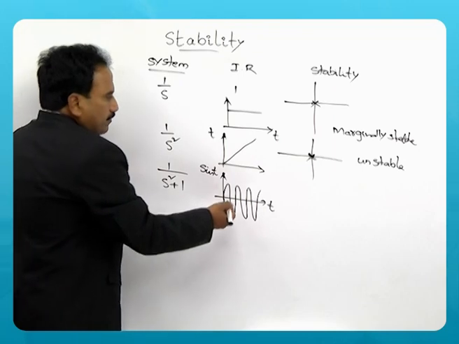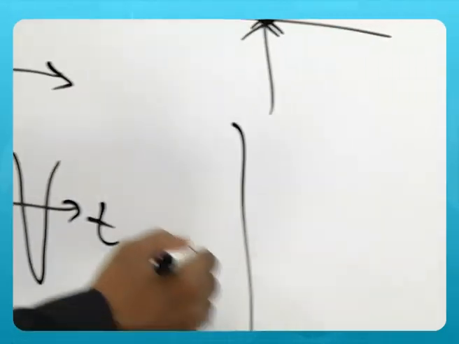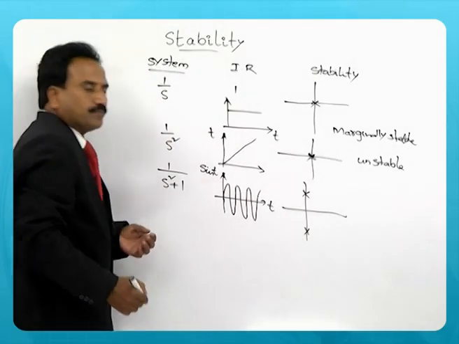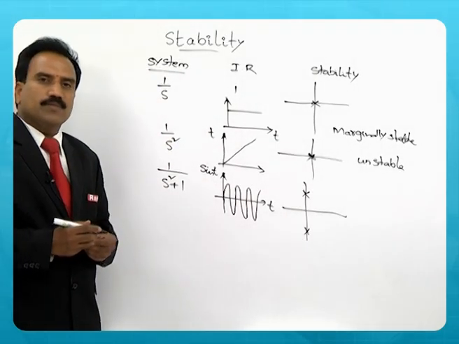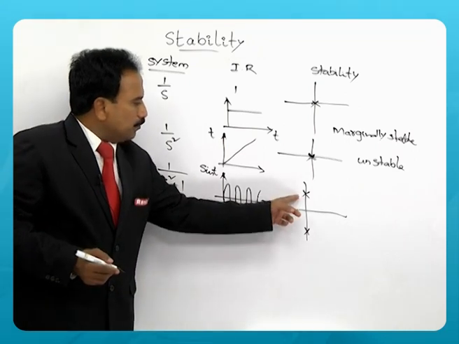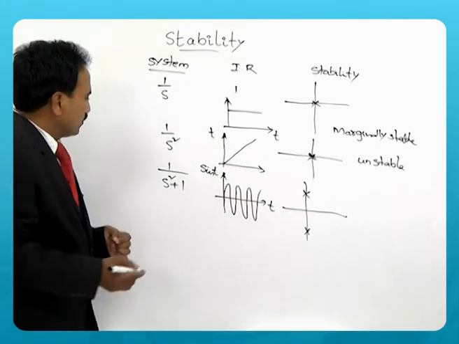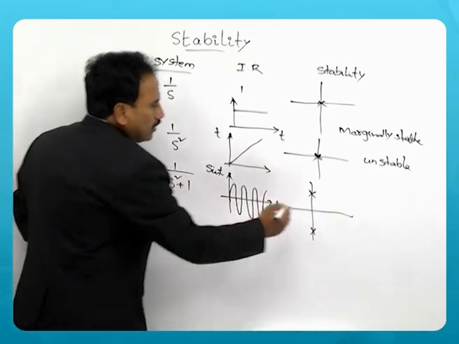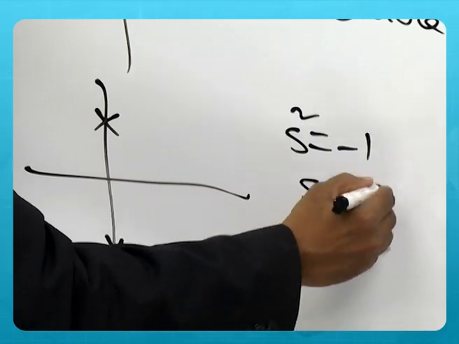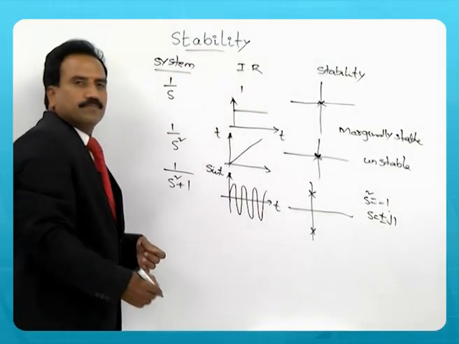The location of the poles for this is on the j omega axis. So, 1 by s square plus 1 indicates two poles on the j omega axis, because s square plus 1 equal to 0 gives s square equal to minus 1, so s is equal to plus or minus j 1.